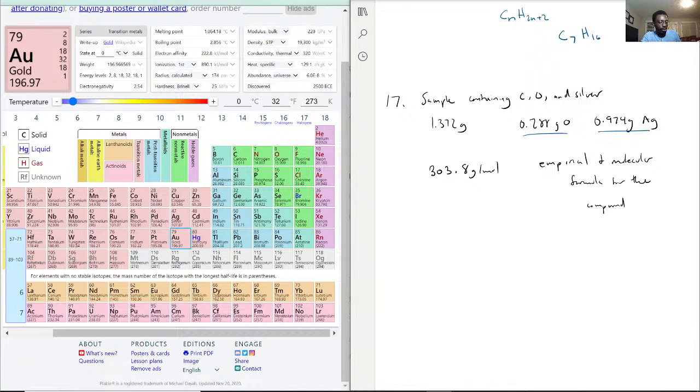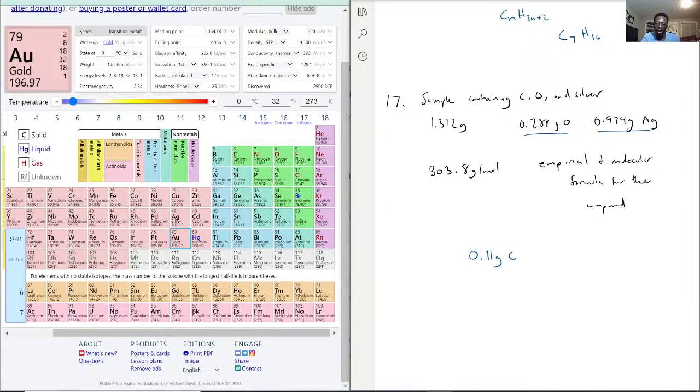You started out with 1.372, and you subtract the grams of oxygen, 0.288, and the grams of silver, 0.974. So you only have 0.11 grams of carbon.